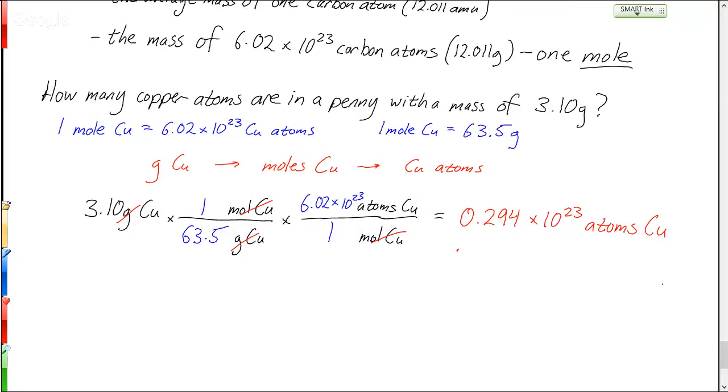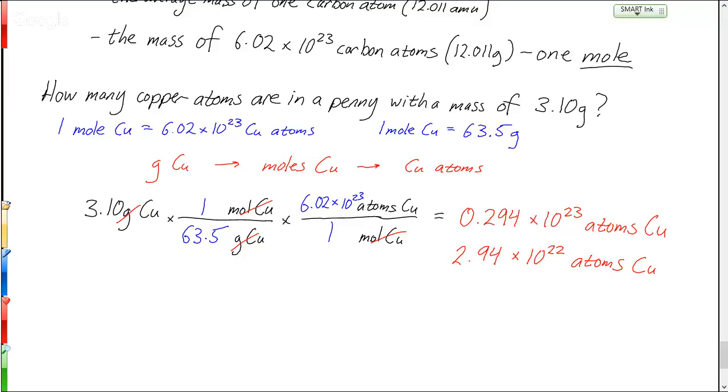So we would move this to 2.94 times 10 to the 22. For quizzes and exams, I don't care if you don't do it that way, but technically, proper scientific notation should use that second style. And if you do it on your calculator, it'll just do that for you anyway. All right, so now we've counted the atoms of copper in this particular penny by using that molar mass.